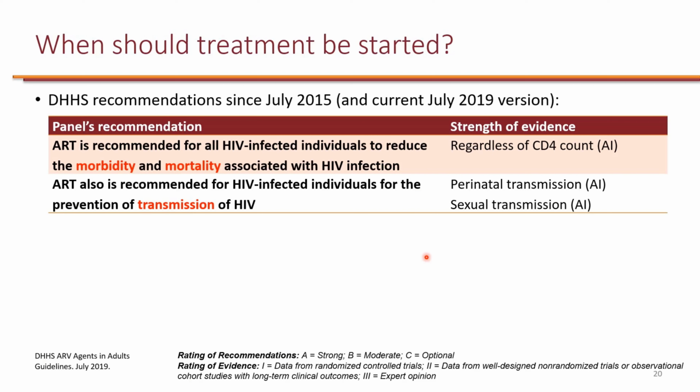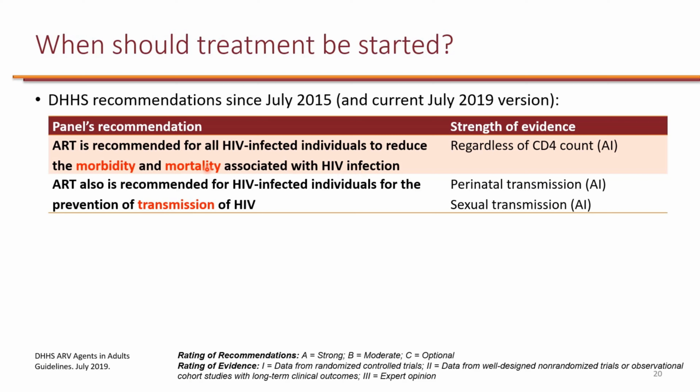And of course older HIV drugs were very toxic, so we would actually reserve it for more severe patients. But nowadays HIV drugs are very effective, they're very well tolerated, and we have clinical evidence that regardless of CD4 count, when we start treatment for HIV, we can actually reduce the rate of morbidity and the rate of mortality associated with HIV infection.